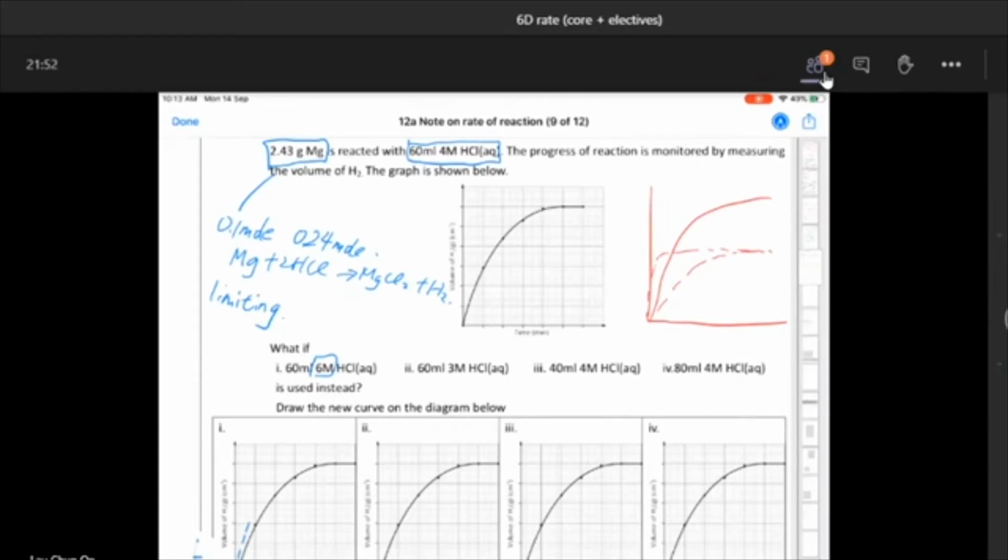The other thing we have to consider is the final amount of product. Will it increase, decrease, or remain unchanged? So again, we have to make use of the mole calculation this time. Calculate again the HCl number of moles, and it should be 0.36 mole.